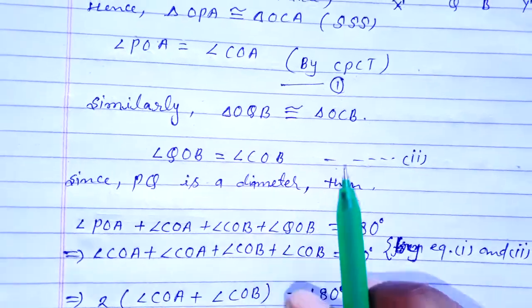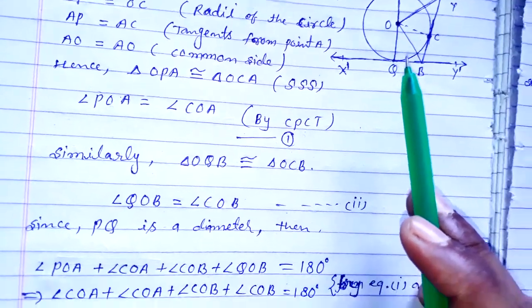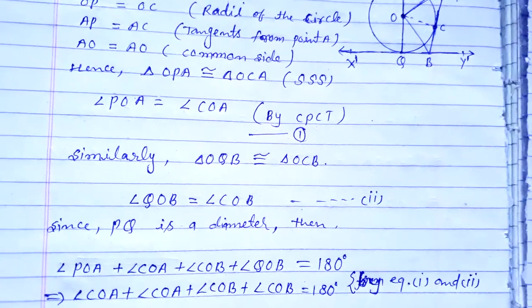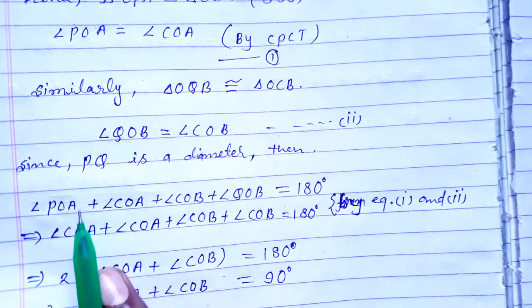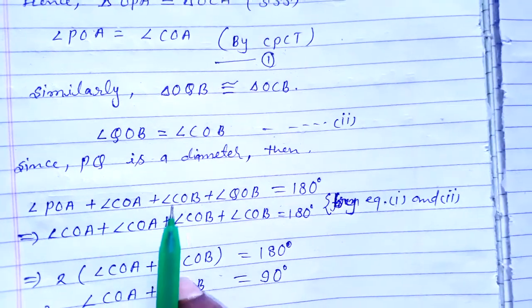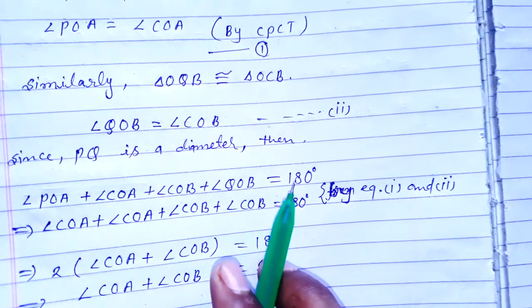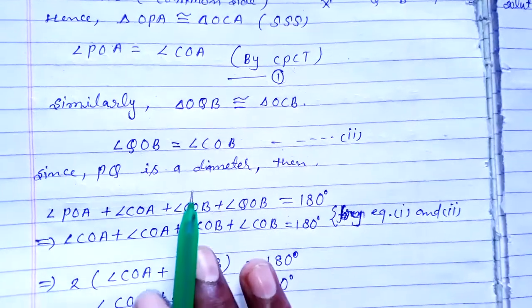Since PQ is a diameter, this is a straight line, and the sum of all angles on a straight line is 180 degrees. So angle POA plus angle COA plus angle COB plus angle QOB is equal to 180 degrees. Put the values of equations 1 and 2 here.